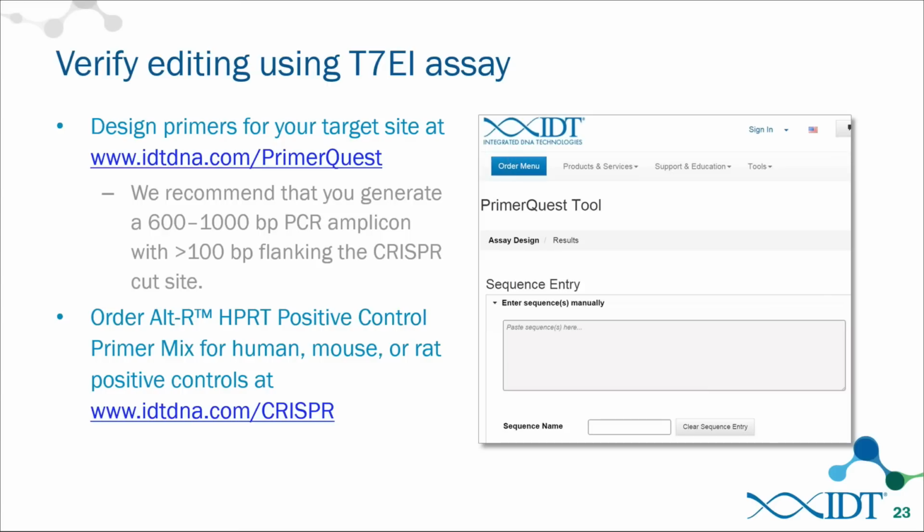Our recommendation here is that the end user generates somewhere between a 600 to 1,000 base pair PCR amplicon around the region of interest, with approximately 100 base pairs flanking the outermost CRISPR cut sites within that amplicon.